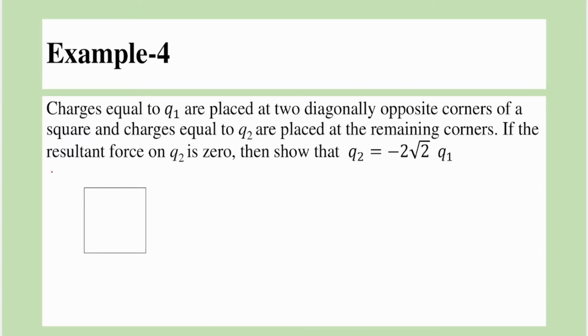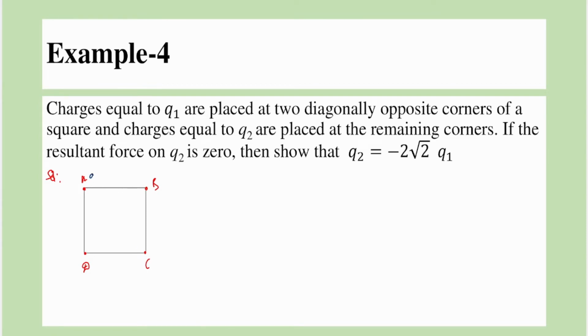So solution, there are 4 corners. Call them A, B, C and D. At 2 opposite corners, charge Q1 is placed.